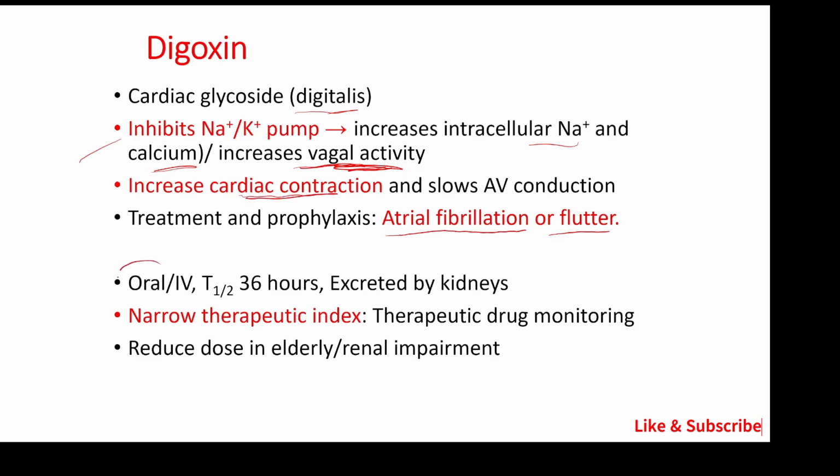It can be prescribed orally, and we also have digoxin IV. Digoxin has a narrow therapeutic window. From our lecture, you remember some medications have a wide therapeutic window, such as adenosine and lidocaine, and others have a narrow therapeutic window, such as digoxin and the miscellaneous agents.